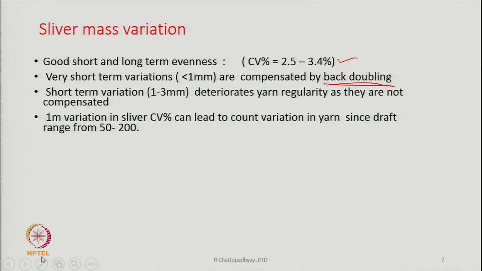One meter variation in sliver CV can lead to count variation in the yarn, since draft is in the range of 50 to 200. Depending upon the count, we give a draft of 50 to 200 to the sliver to make a yarn. So, 1 meter variation in sliver CV may lead to count variations in the final yarn.